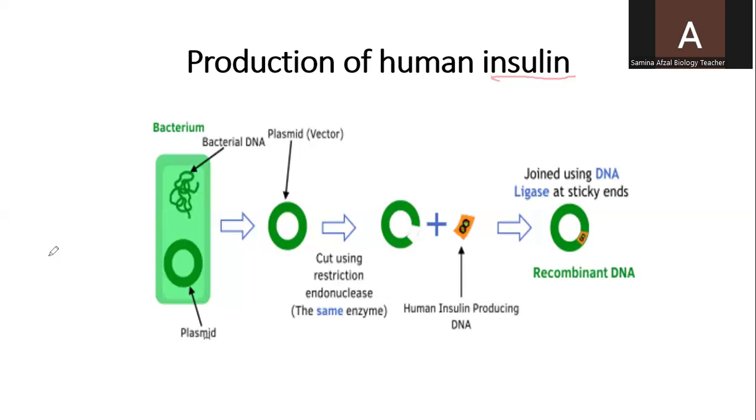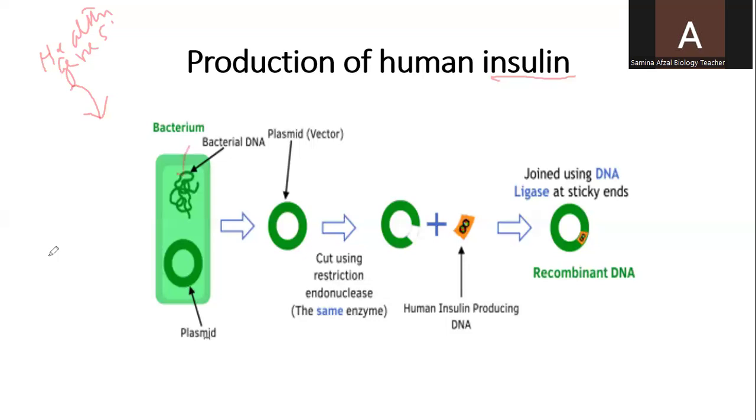For the production of human insulin, the scientists first of all require a human being which has healthy genes. Healthy genes means the genes which produce the human insulin. These healthy genes are taken from any healthy person, and then they can be inserted into the bacterium. You know the bacteria has two types of DNA.